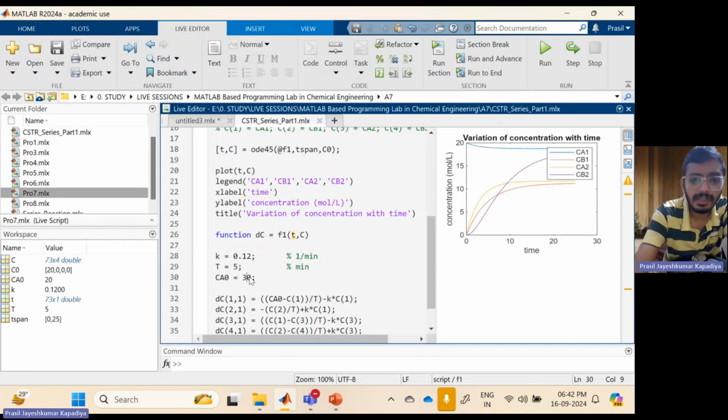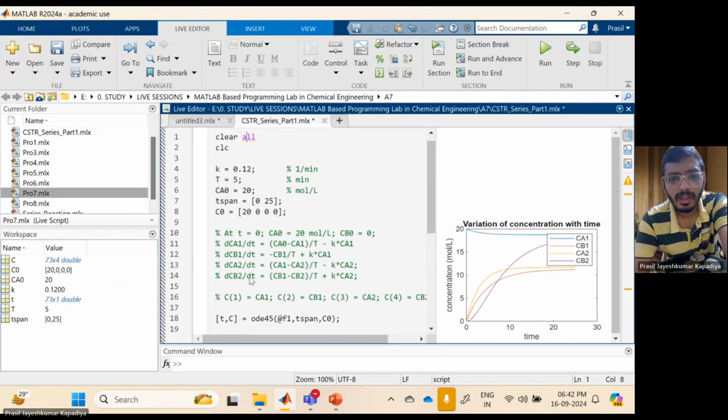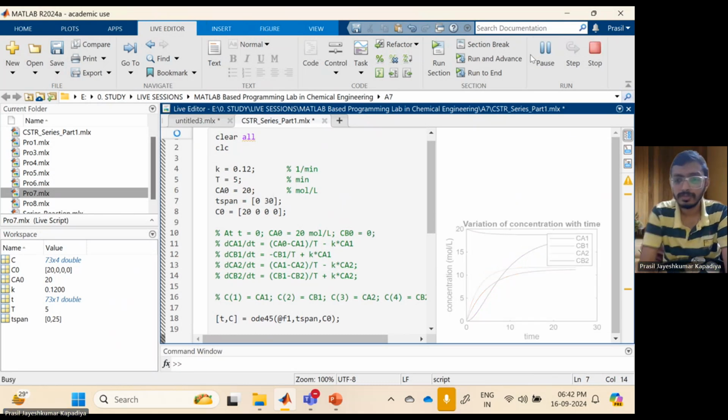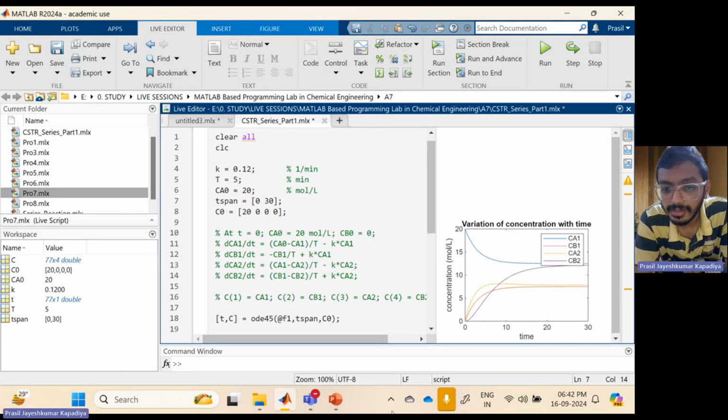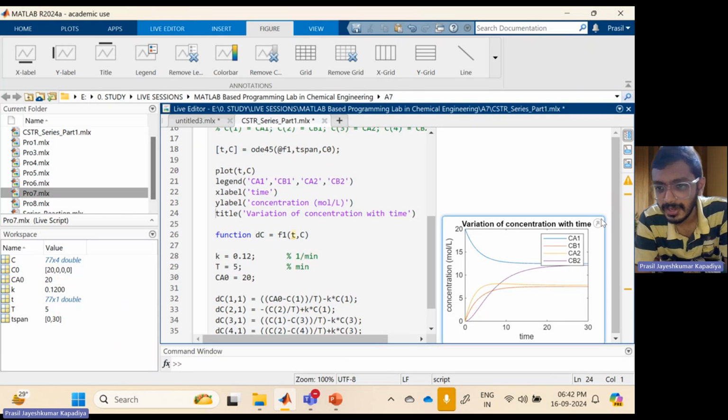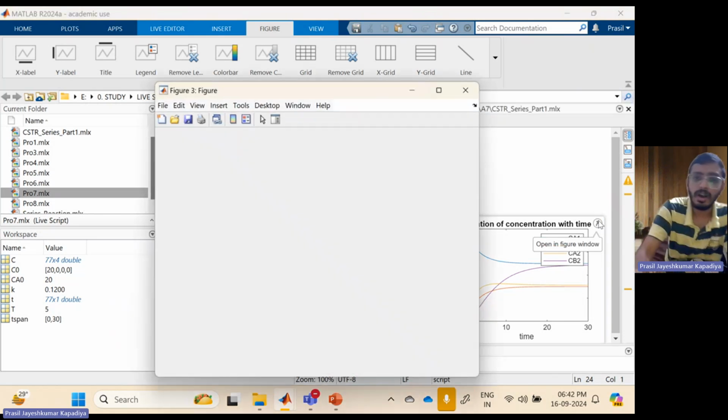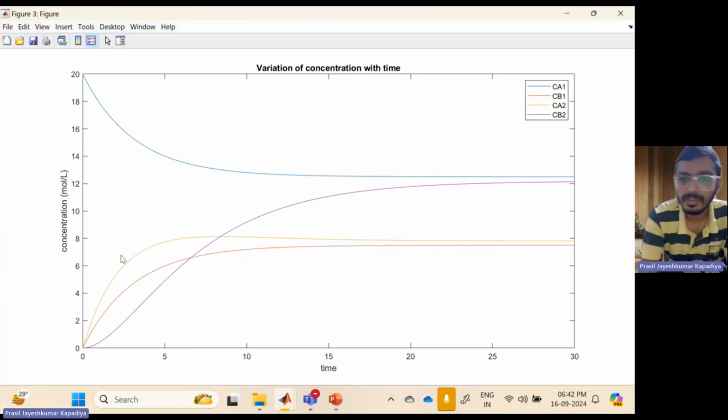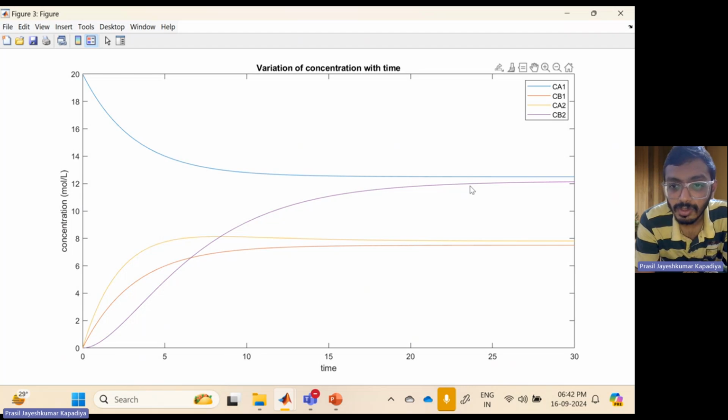No, this is 20. I need to change this to 30. Okay. So see here, it has reached steady state. By time t equal to 30 minutes, we are achieving steady state. Not exactly 30, before 30 only we are achieving steady state, 12.03, 12.1. So we are at steady state.